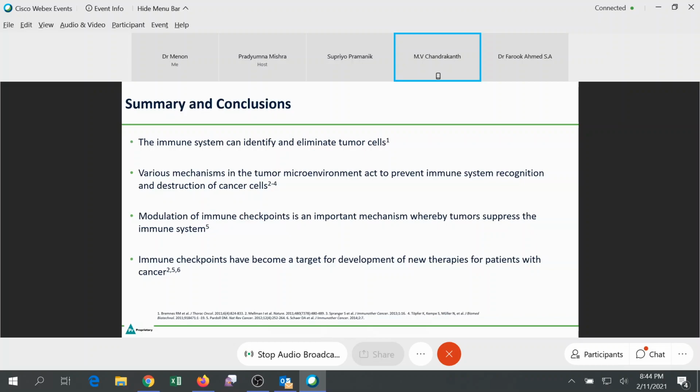So then we came up with other markers like the combined positive score or the tumor positive score, where we not only count the presence of PD-L1 on the cancer cell, we also look into the tumor infiltrating lymphocytes around them. This is what we call the combined positive score. With these CPS or TPS scores, we are able to further understand which are the patients who are going to benefit from immunotherapy.